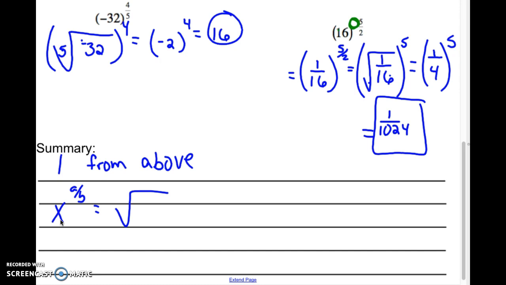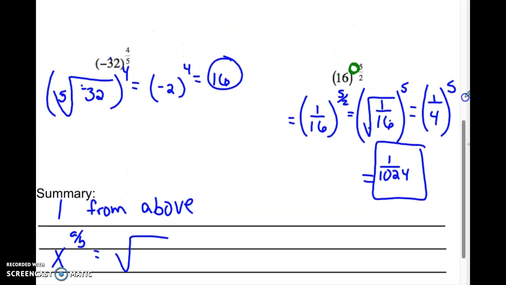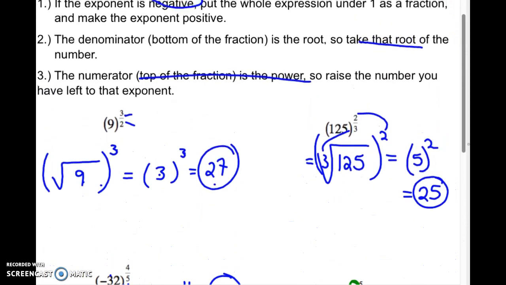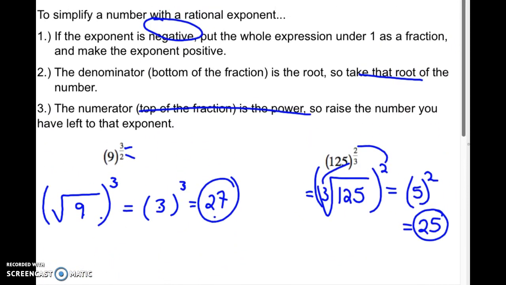And the final question I want you to answer is, how can we use our blue sheets to take a shortcut from going from negative 32 to 16? Or how can we use our blue sheets or our white power sheets to go straight from 9 to the 3/2 to 27? It's a challenge question. Make sure you get the worksheet done and check your answers to your worksheet.